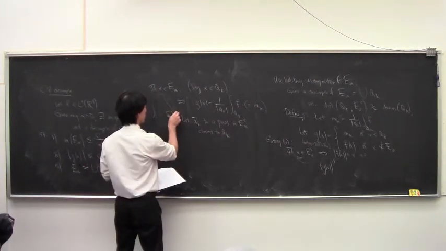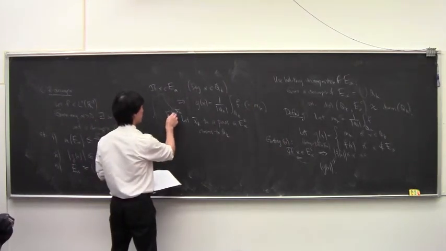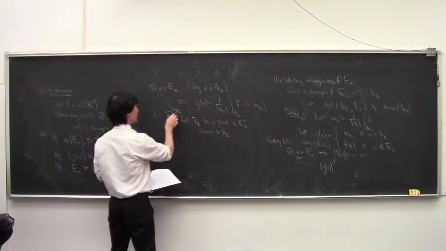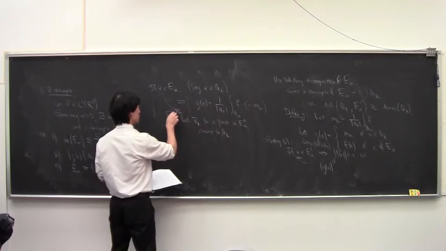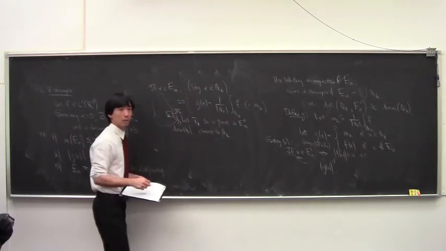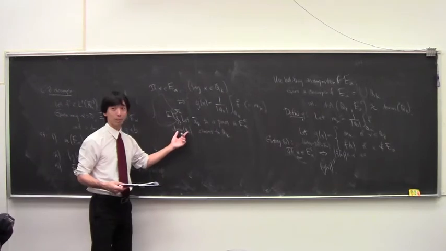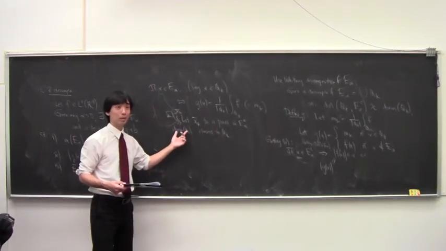So there'll be some point here that's closest to Q k. Call this x k bar. We know that the distance from here to here is comparable. This distance is basically the diameter of Q k. Let's just say, for simplicity, that it actually equals the diameter of Q k.